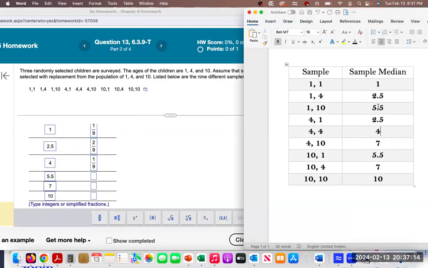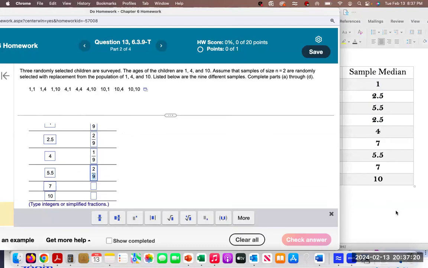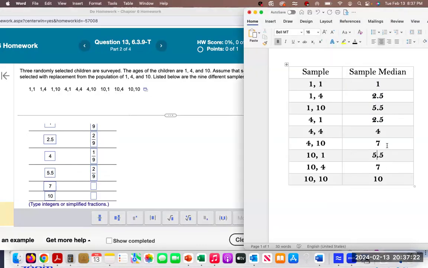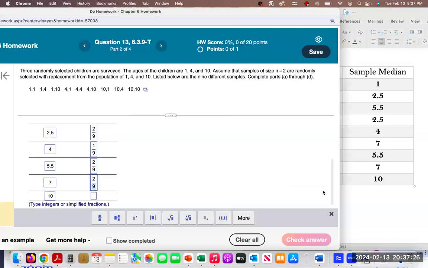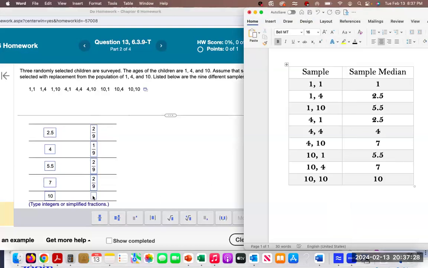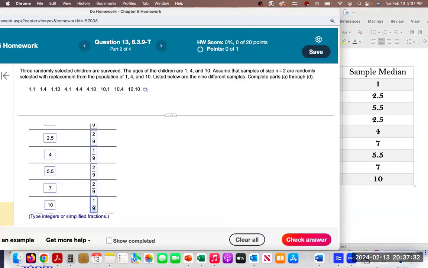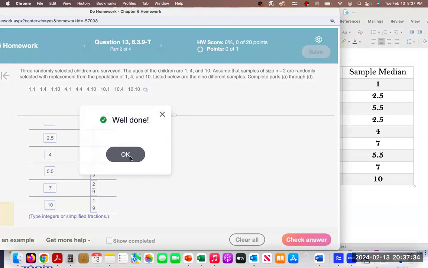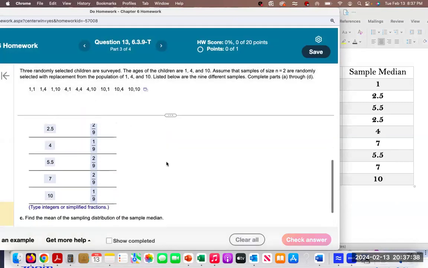We have 2 5.5s from the possible 9. And how many 7s did we get? We got 2 7s from the possible 9. And we only have 1 ten from the possible 9. Okay, so we have the probabilities and we have the sample medians.